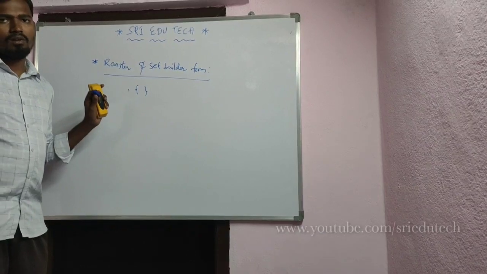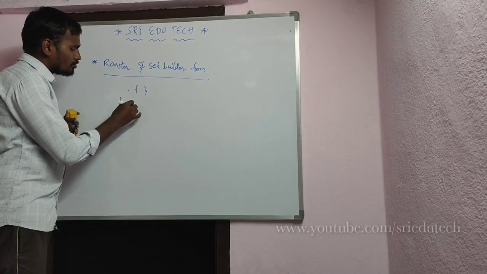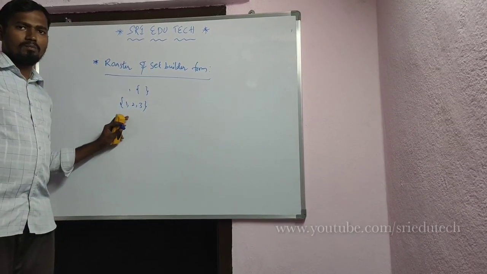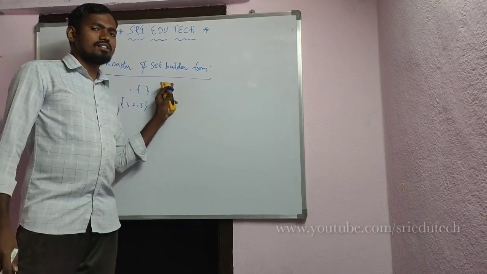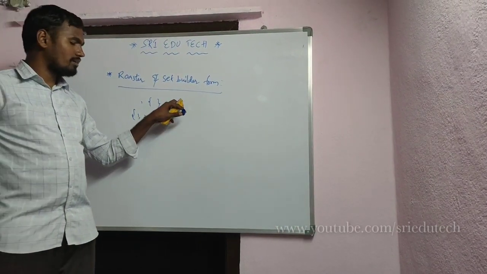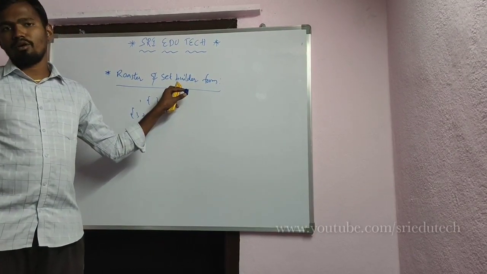See, suppose 1 comma 2 comma 3, right? So this is the roster form. Set builder form means it satisfies one property or one condition. So this is called the set builder form.